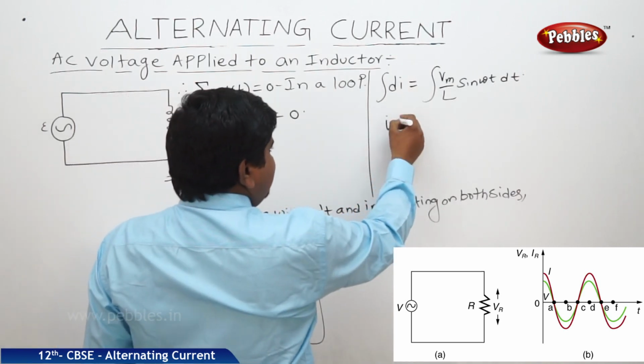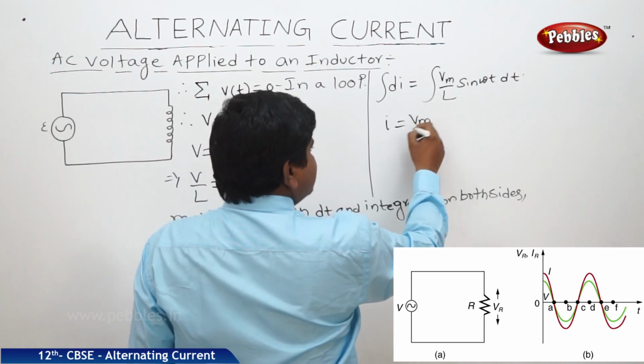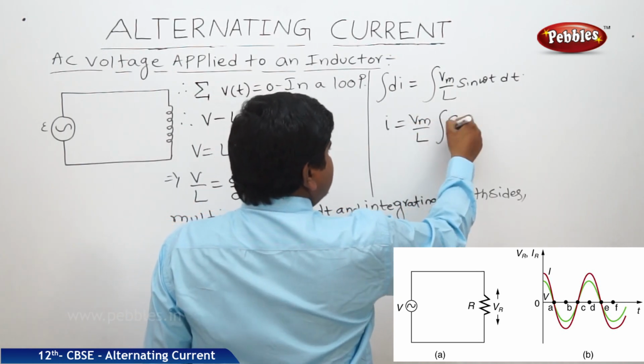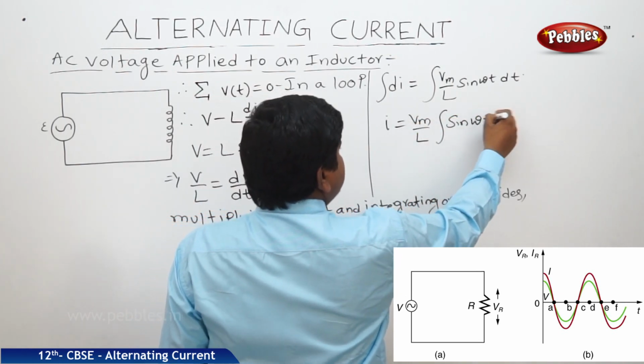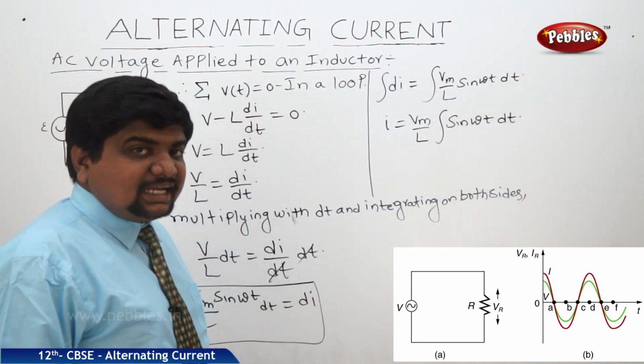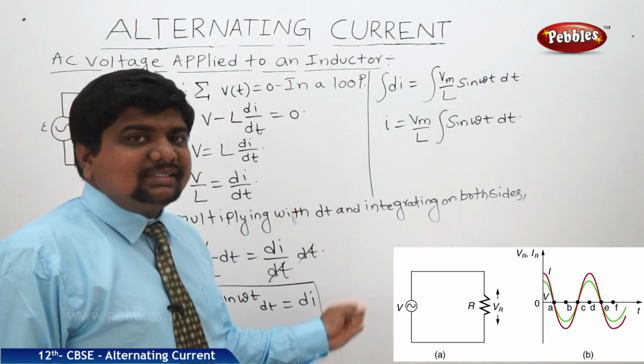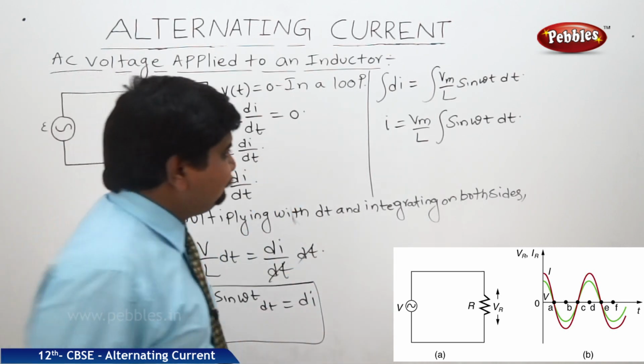Integral di is I. Vm by L is constant, and the integral of sin omega t dt is minus cos omega t by omega.